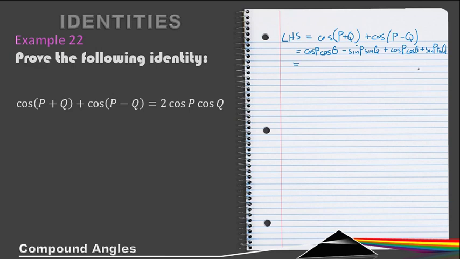We have cos B, cos Q here and here, and they are added together, so this will be 2 cos B, cos Q, and then minus sine B, sine Q plus sine B, sine Q, that equals to 0. So this is then our final answer, which equals to the right hand side. So then we've proven our identity.